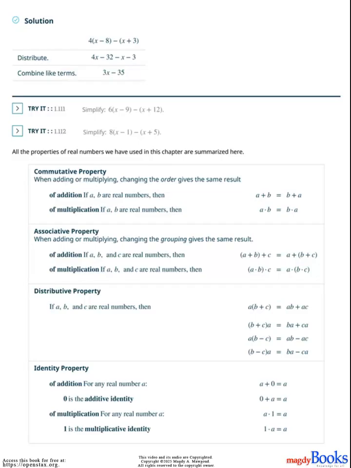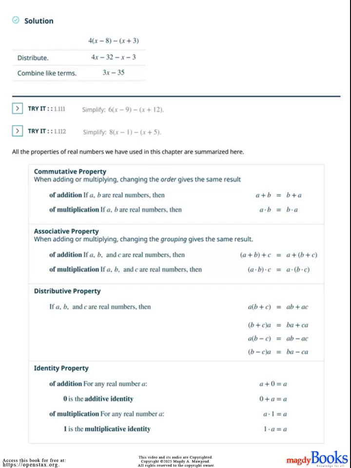Of multiplication. If a, b, and c are real numbers, then open parenthesis a dot b, closed parenthesis, dot c equals a dot open parenthesis b dot c, closed parenthesis.